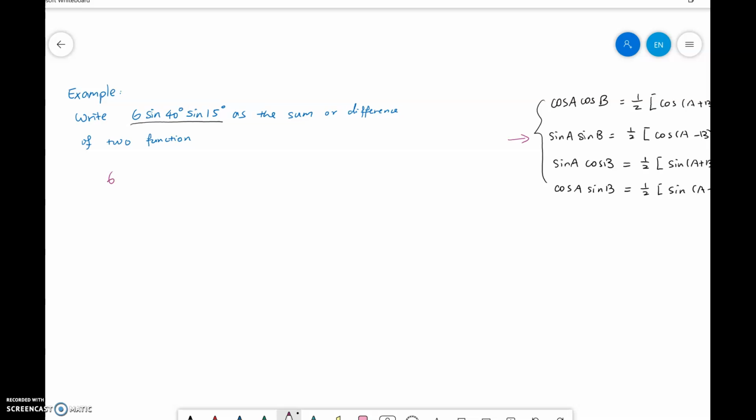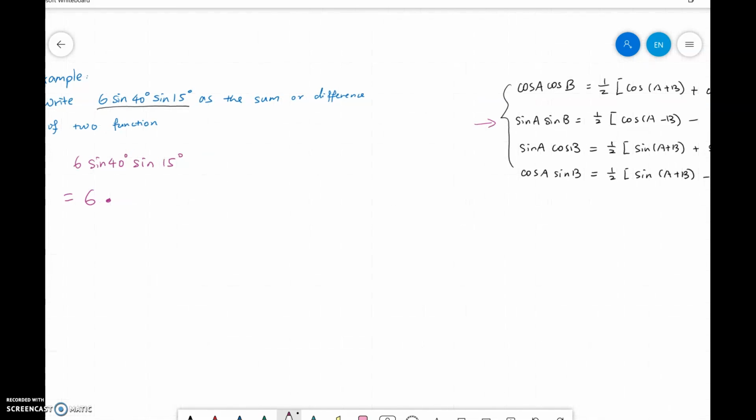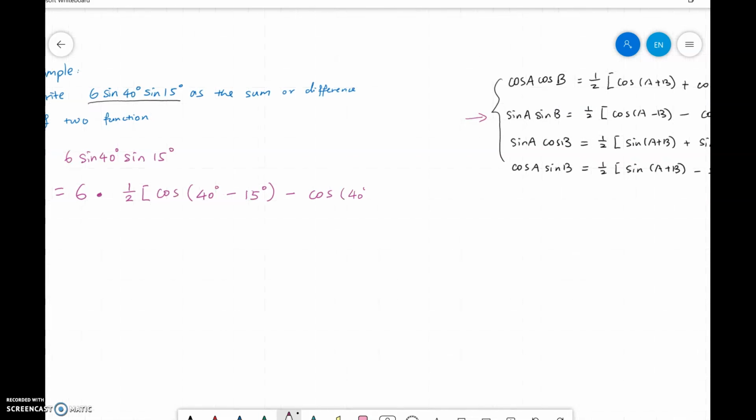So 6 times sine of 40 degrees times sine of 15 degrees becomes 6 multiplied by, you apply the formula, 1/2 cosine of A, 40 degrees, minus B, 15, minus cosine of A plus B, 40 plus 15.